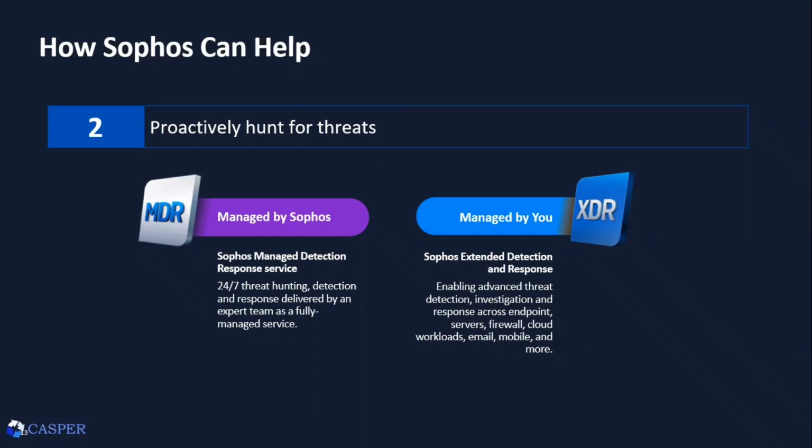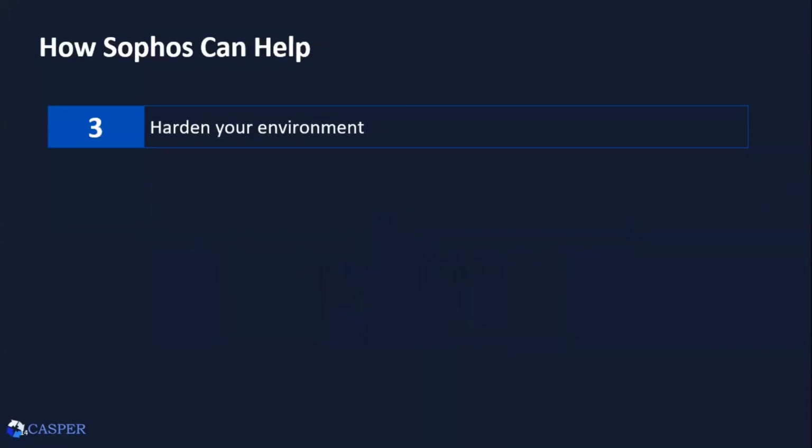Your endpoints, your servers, that's the Intercept X for Server, your firewall, your cloud, your email, your mobile, even your Microsoft Office 365, integrated together, can be managed on one single console, the Sophos Central. With the Sophos XDR, you can get a full report of intelligent security information across your full security estate.